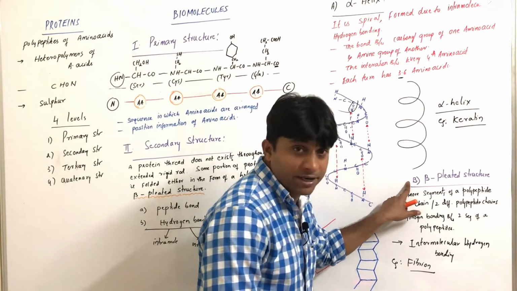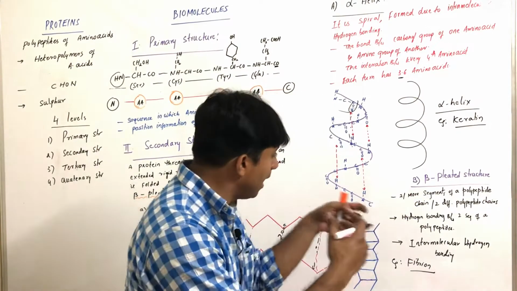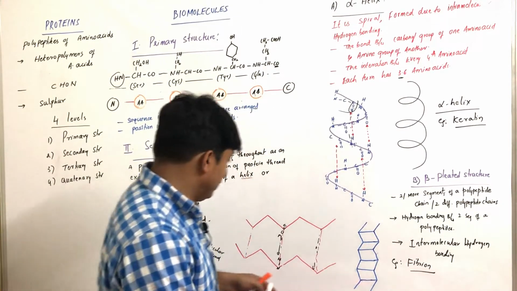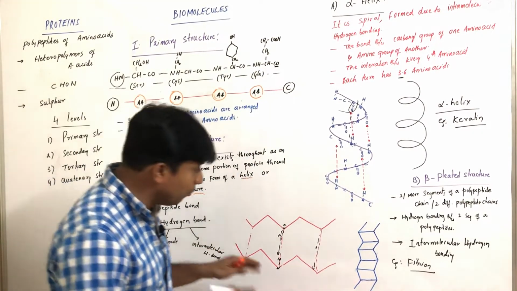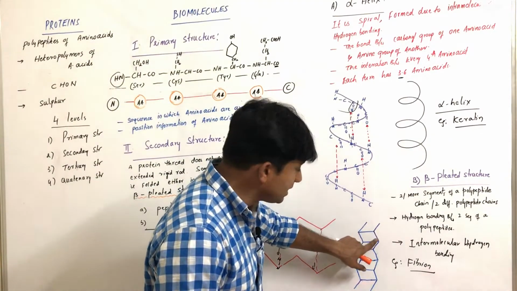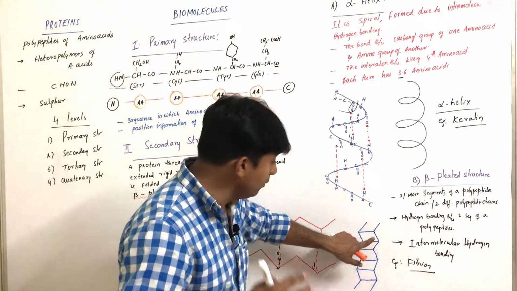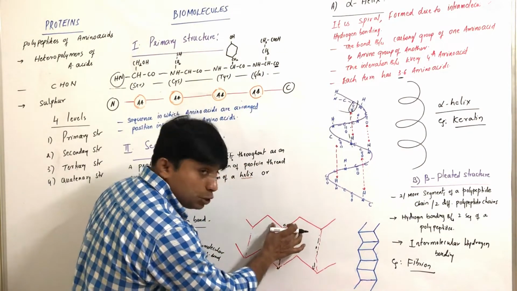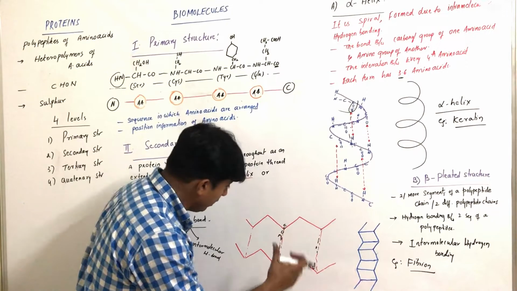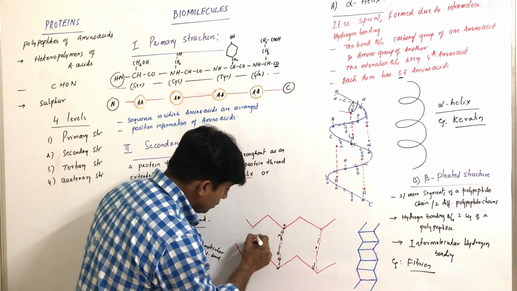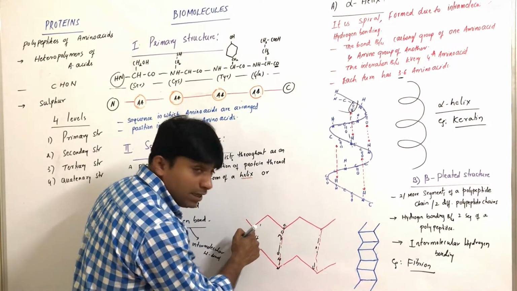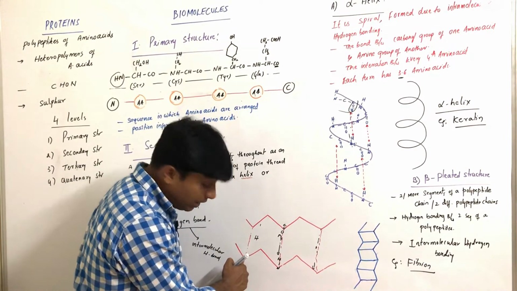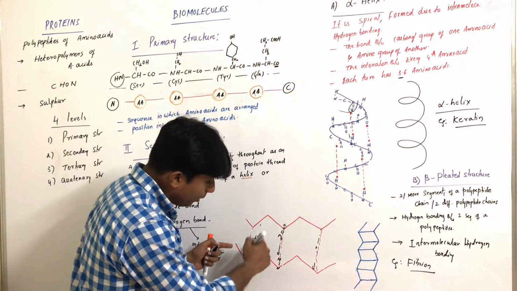Second is the beta pleated structure. How does this happen? The beta pleated structure is due to intermolecular hydrogen bonding between two segments in a polypeptide chain or between two polypeptides. These are the two polypeptides for our convenience, and this is the hydrogen bonding between the carbonyl group in one amino acid and the amine group of the other amino acids in different polypeptides.